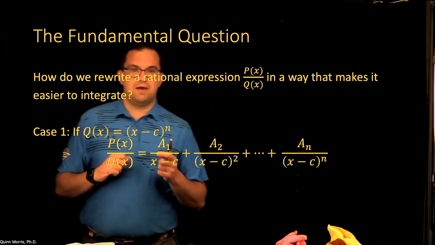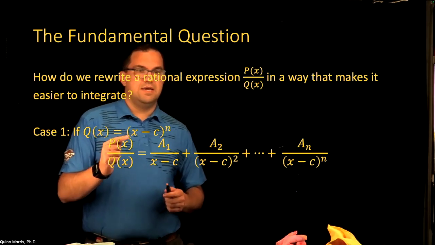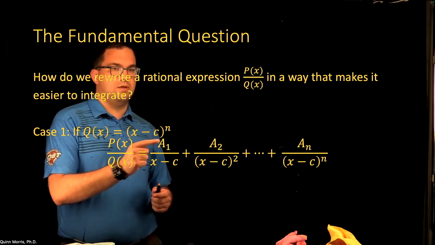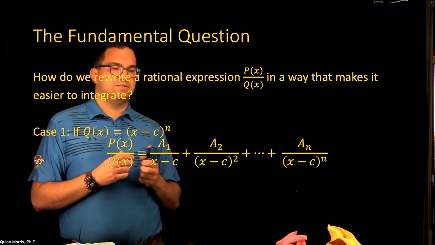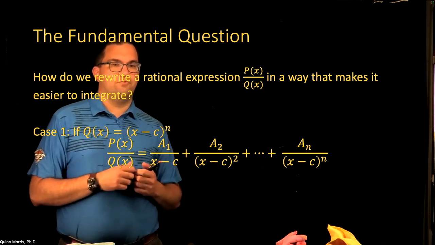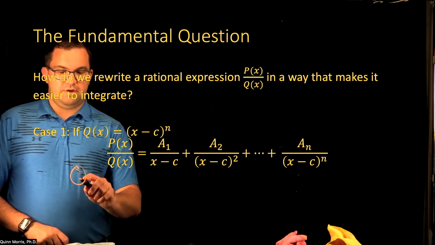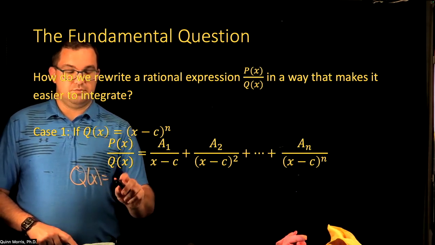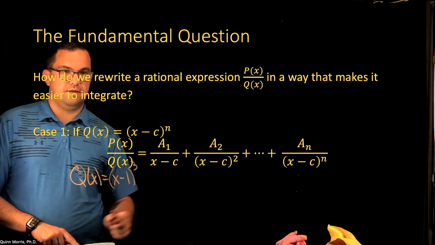So the first case I want to deal with is, what if the denominator, the Q of x, is just x minus some number to some power n? So like, let's say it's x minus 1 to the third, right? Let's just imagine we had Q of x equal to x minus 1 to the third, okay?